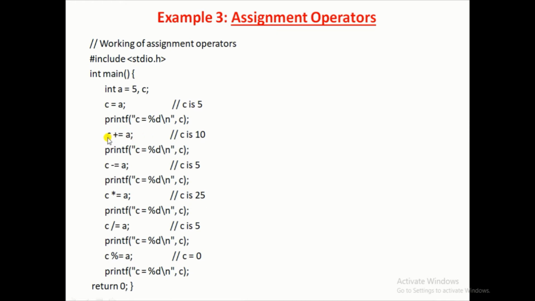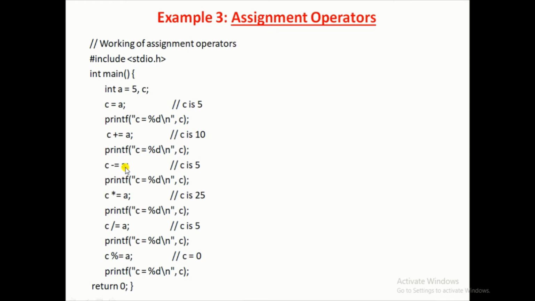In a similar way, subtraction gives 10 minus 5 equals 5, so now the value of c equals 5. Next we do the multiplication operation with a, so 5 into 5 equals 25. Now the value of c equals 25.